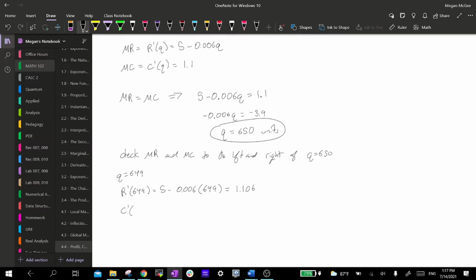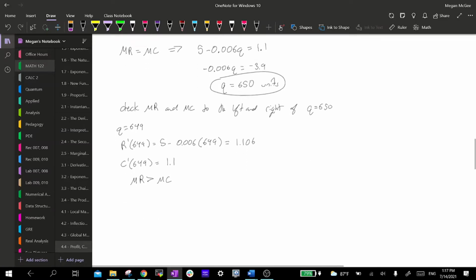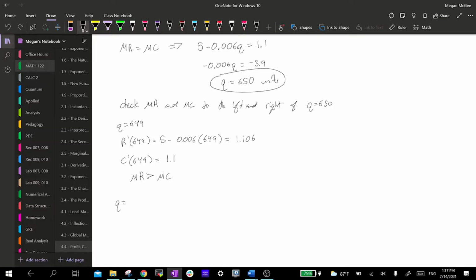And the marginal cost at 649, well, that's just 1.1. It doesn't change at all, right? So in this case, our marginal revenue is greater than our marginal cost by a very, very little bit, but it's still greater.